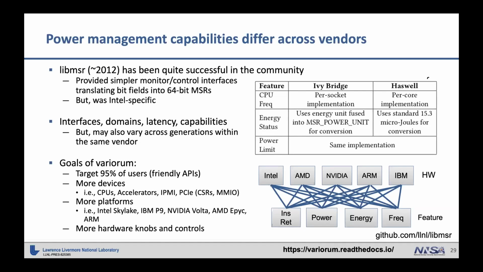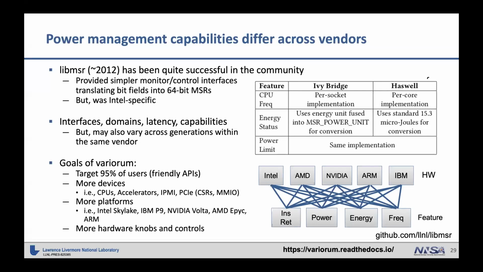When we look at energy status or energy usage, when we want to translate the units out on Ivy Bridge, there's this energy unit that's been fused into another register called the MSR power unit, and you use that value to convert into joules. And then when we moved to Haswell, we actually didn't want to use the value in the MSR power limit, even though that was available. But in reality, we needed to use this other standard joules value that was defined in the Intel standard.